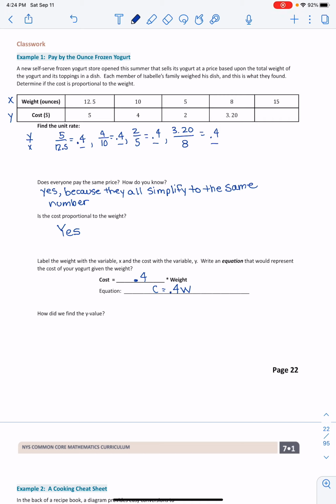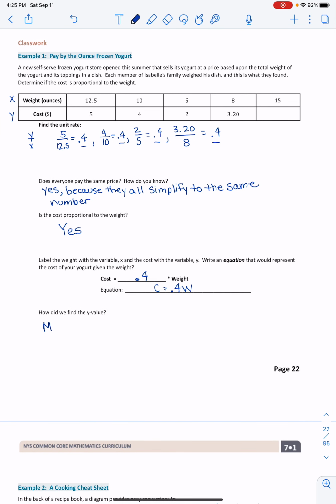We found the Y value by multiplying, sorry, I got a little ahead of myself.